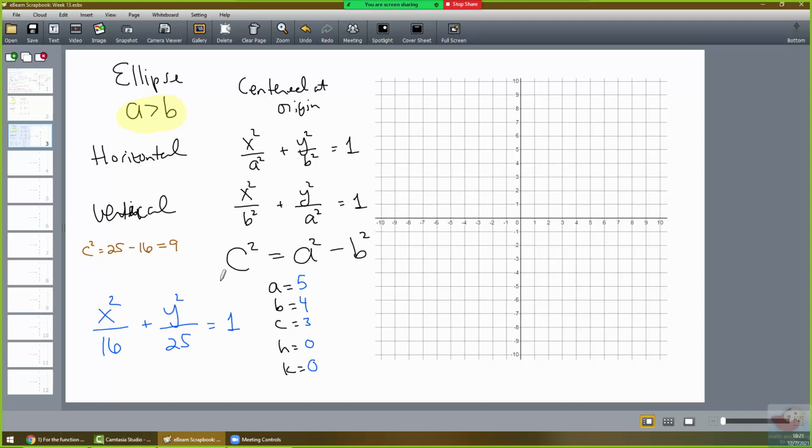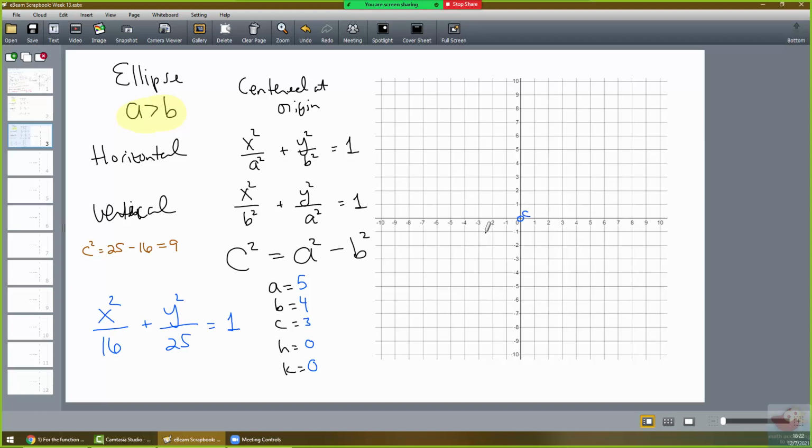Questions on these 5 letters? Okay. Is this horizontal or is this vertical? Vertical. Vertical, good. The bigger number is underneath the y, that makes it vertical. So because it's vertical and because our center is at the origin, I'm just going to put a C there to say, hey, center.